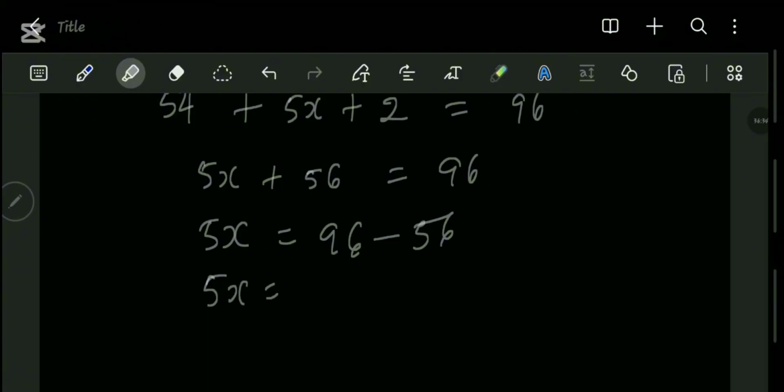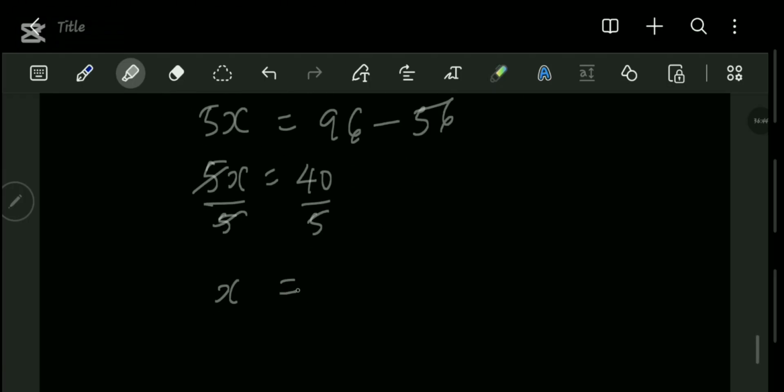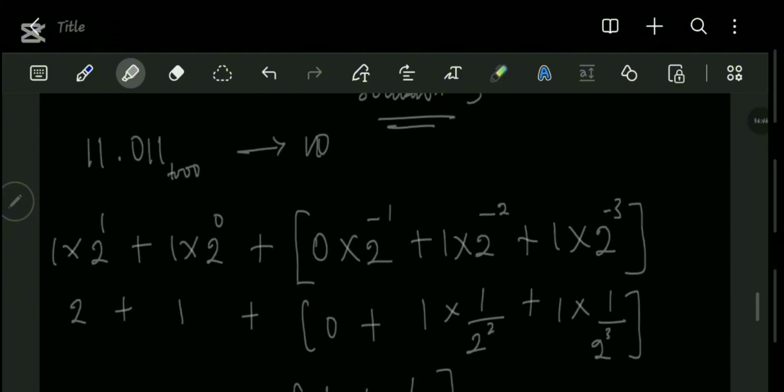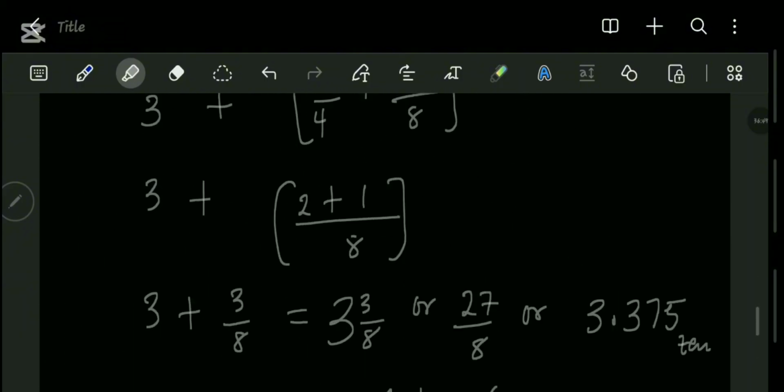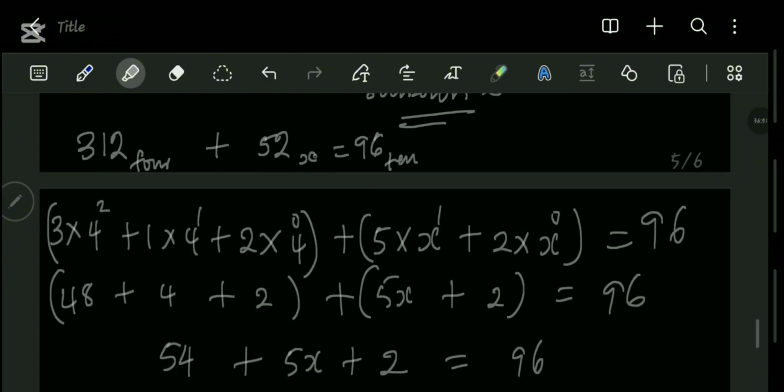And when you subtract that, 96 minus 56, that's giving you 40. And when you divide both sides by 5, you have that the value of x is 8. That is, this number is in base 8. So if it's in base 4 and this in base 8, when you add them together, it should give you 96 in base 10.